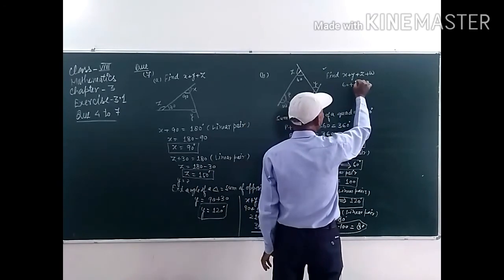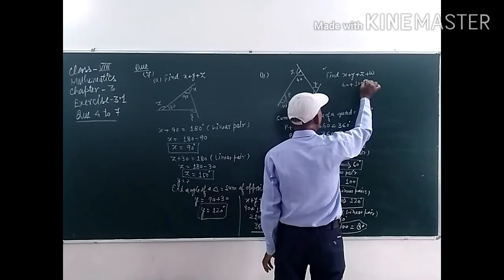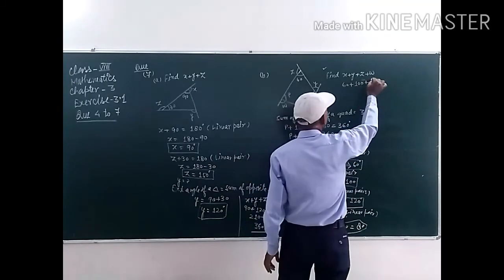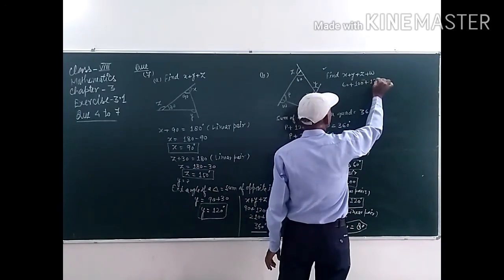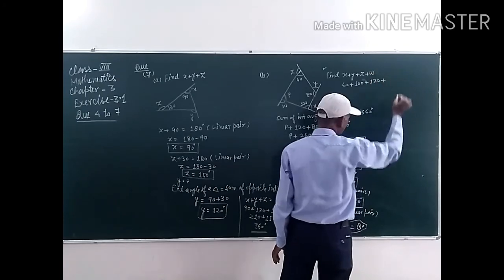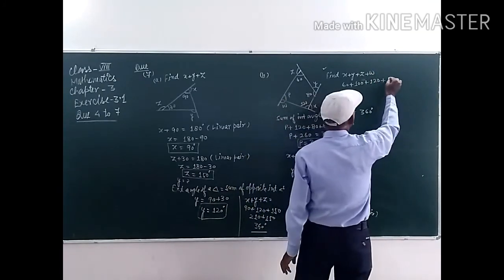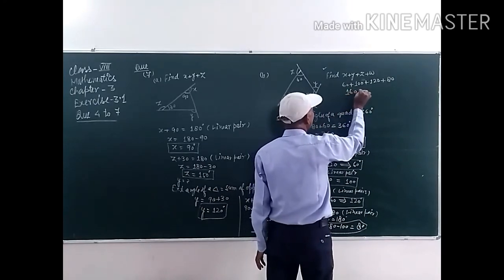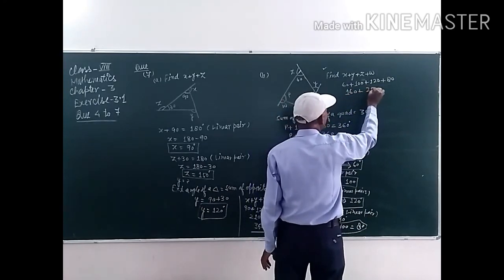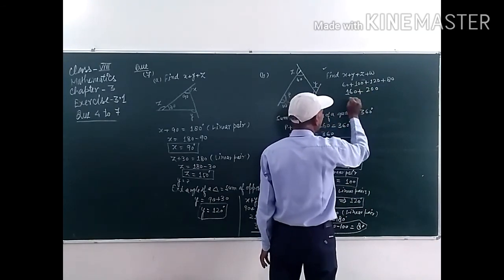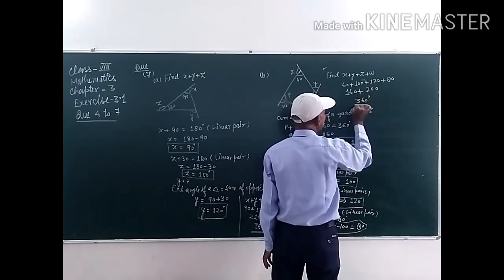The value of y is 100 degrees, the value of z is 120, and the value of W is 80 degrees. 60 plus 100 is 160, plus 120 plus 80 is 200, and 160 plus 200 is 360 degrees.